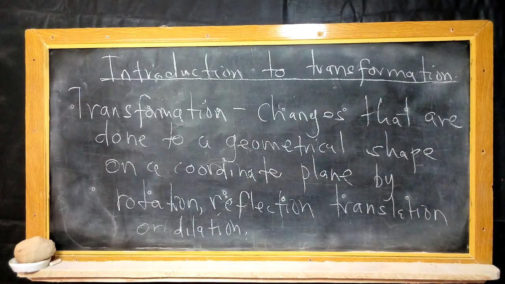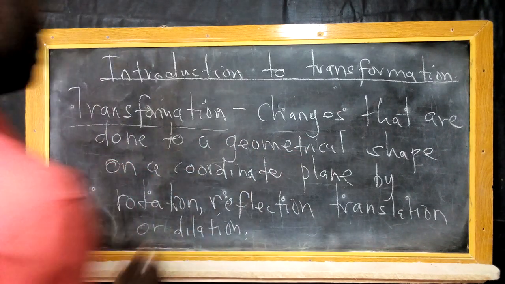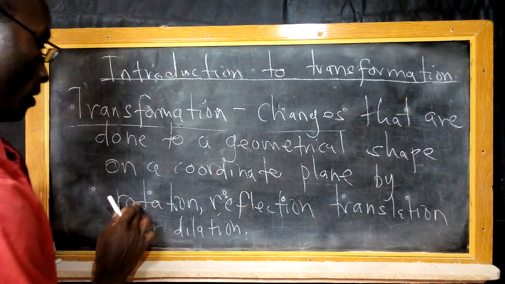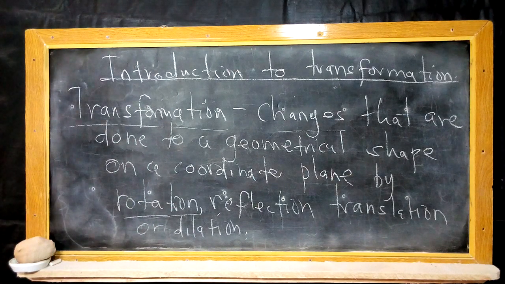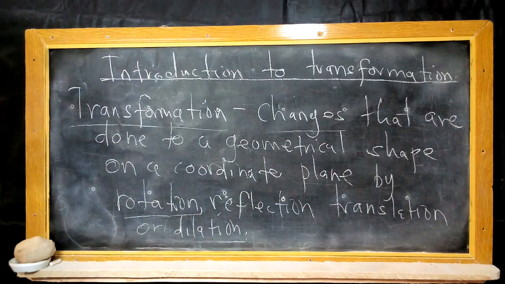There are different ways in which we can frame this sentence for the definition, but it captures the fact that transformation refers to changes that can be done on a geometrical shape through the four main types of transformation that I've just mentioned, which are rotation, reflection, translation, or dilation.